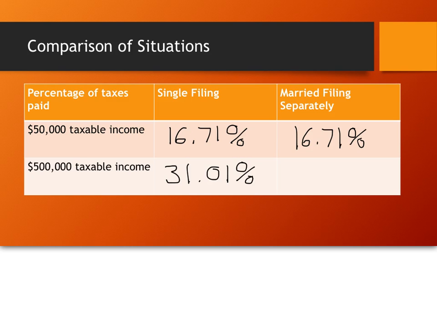And if you were married filing separately, you had a 34.28% tax burden. Okay? So we can compare these situations and take a look at some interesting facts. We'll dig a little bit deeper into this phenomenon about having to pay more when you are married, and when you don't have to pay more, and so on. But not in this section. In this section, we're just calculating percentages and calculating how much tax you paid.